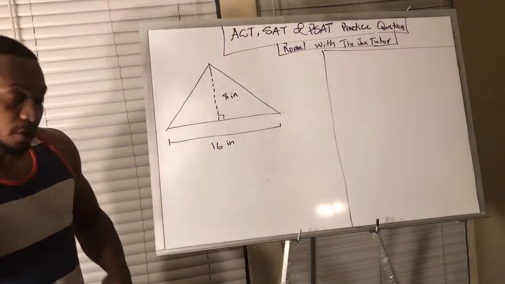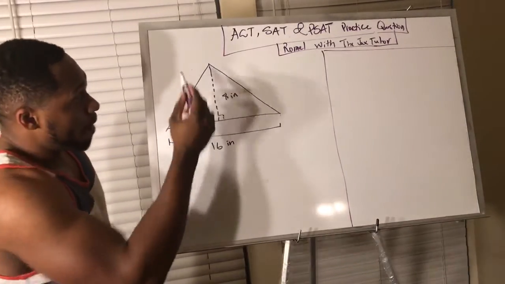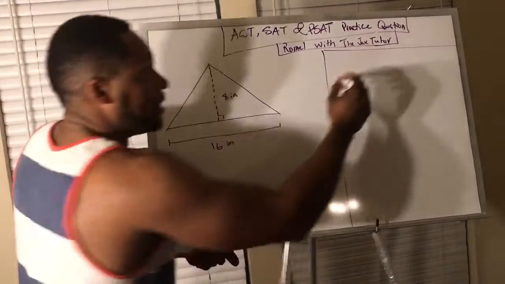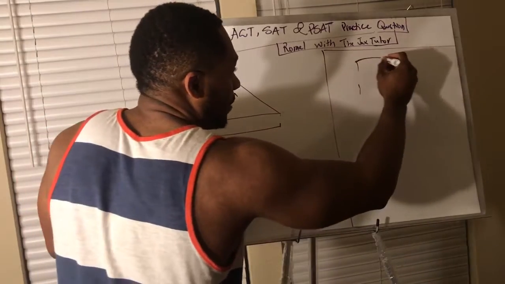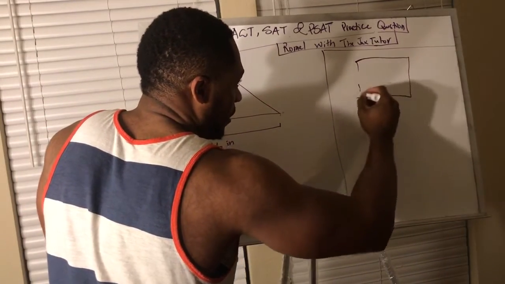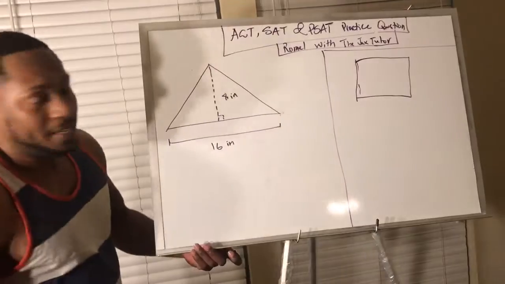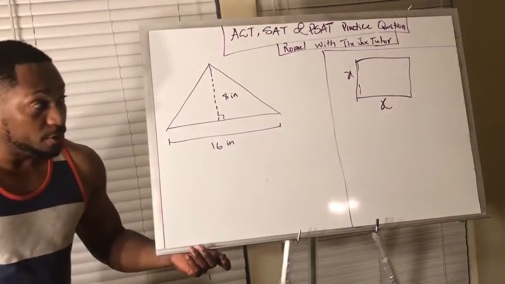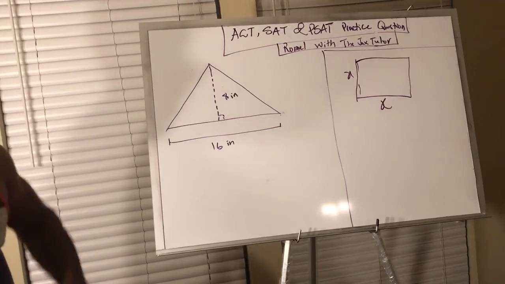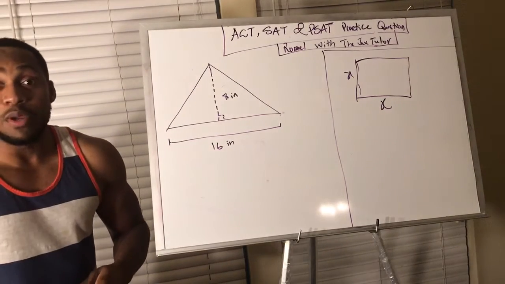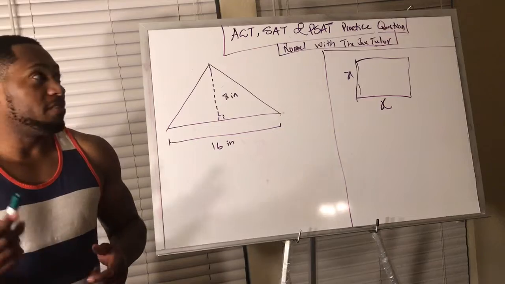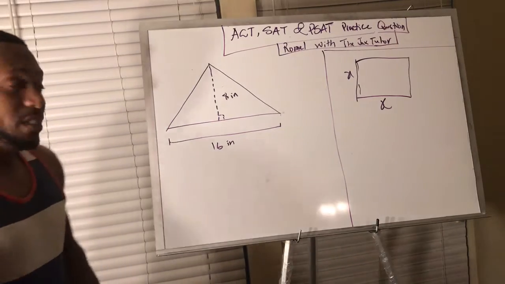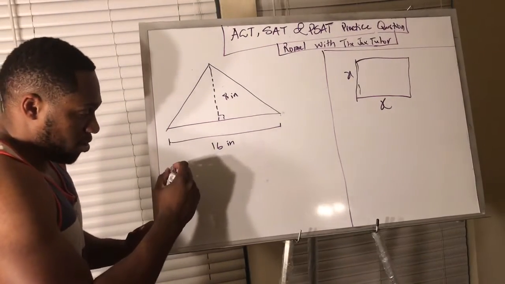So what we have here is a triangle, and somewhere out there there's a square, so all the sides are equal, with the same area as the triangle. First of all, we have to calculate the area of the triangle, which is equal to the area of the square.